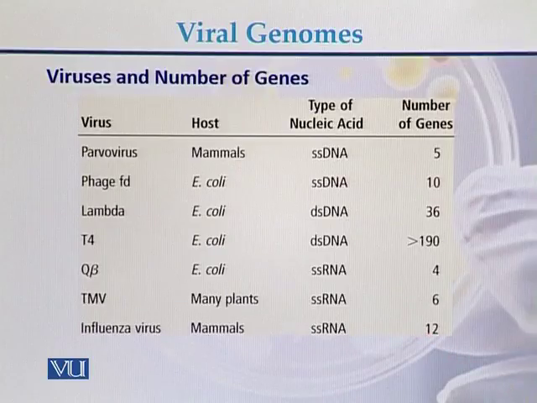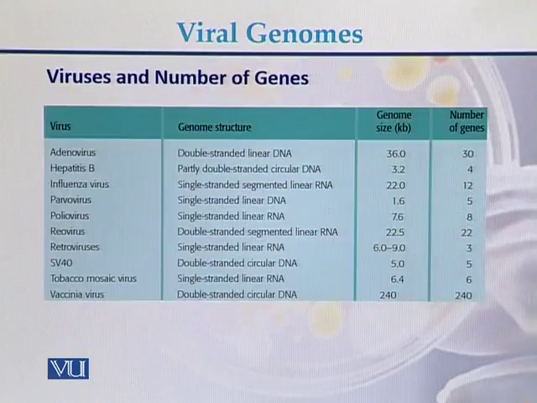Influenza virus has a single-stranded RNA genome and the number of genes present on the genome of influenza virus is 12. So this is a comparison of the genomes of the viruses and the number of genes present on the genomes. This is another example of the comparison.